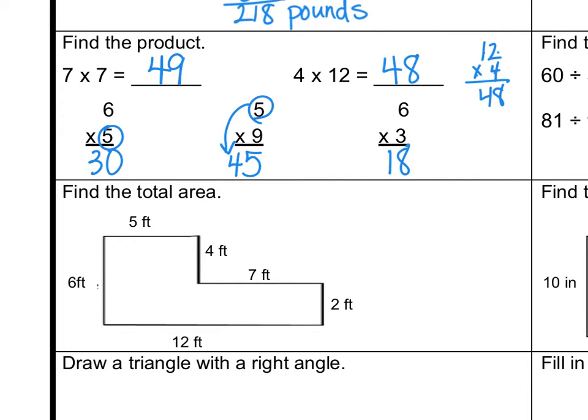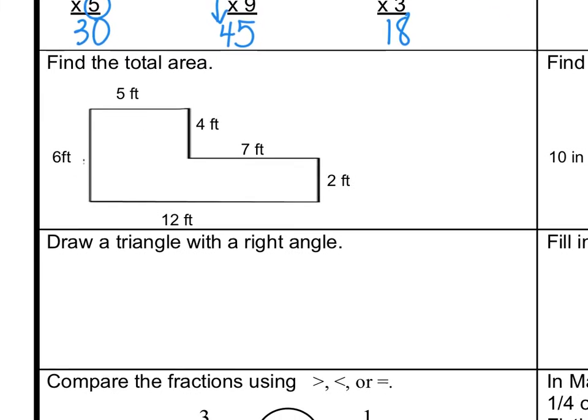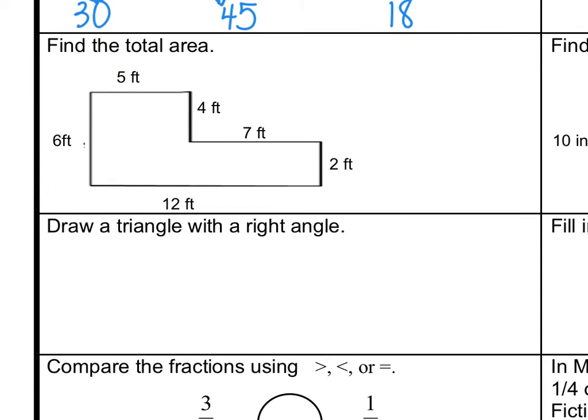That's the Bigfoot story. 6 is the hunter. 3 is her bow. 1 is the arrow. 8 is Bigfoot. Find the total area. Except this is not a rectangle, so we're going to make it into a rectangle. I'm going to do a vertical line right here. So now we're looking at the figure on the left.